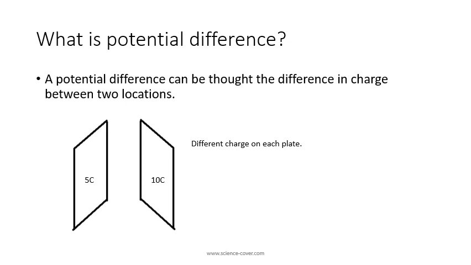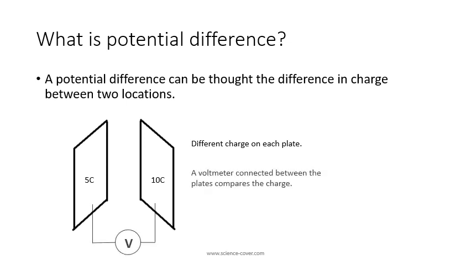Now I have a different charge on each plate, so if I connect my voltmeter to either plate, it now tells me that there is a potential difference. There is a difference in charge. So the voltmeter will read a number. Let's imagine it tells me that there's 2 volts.